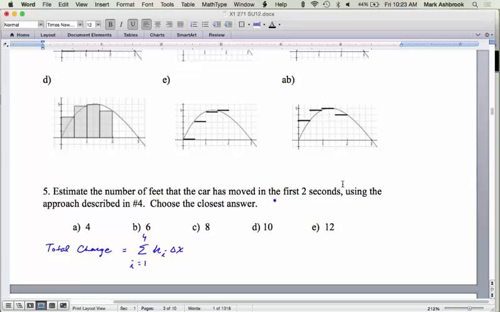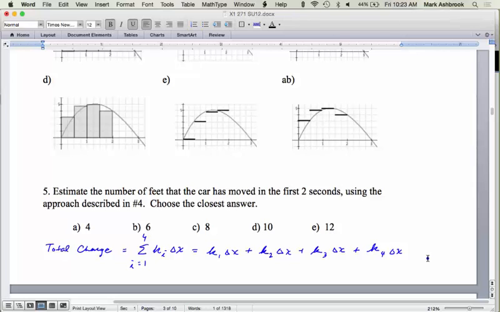So we're going to do our first approximate rate times delta x plus the second approximate rate times delta x, etc. and add those 4 together. Yeah, I think the correct answer is something close to 6.